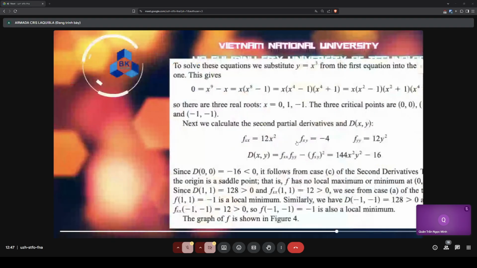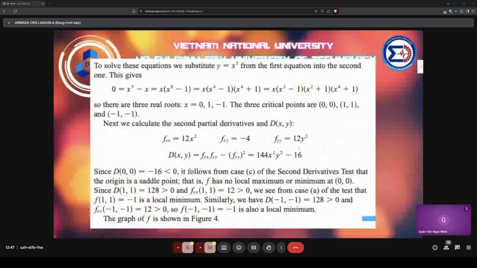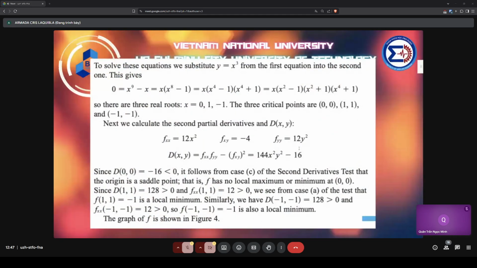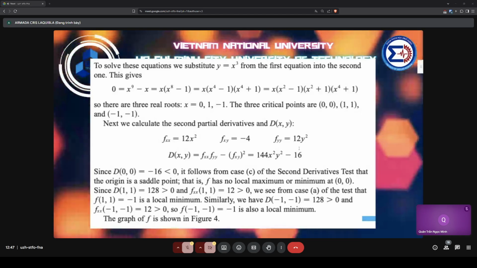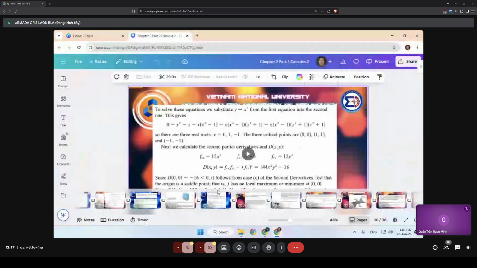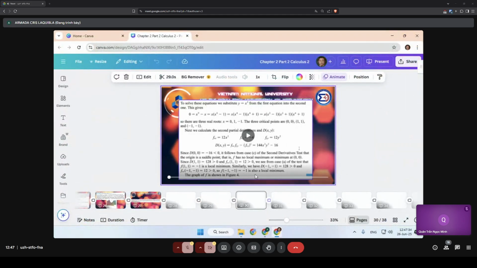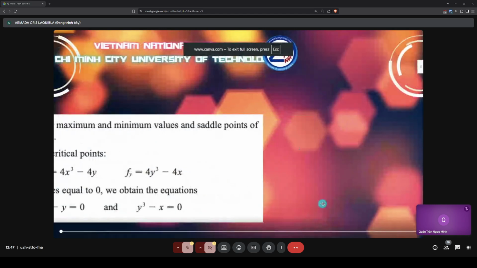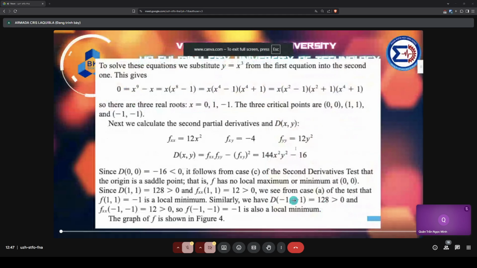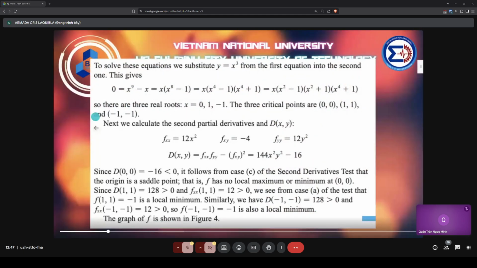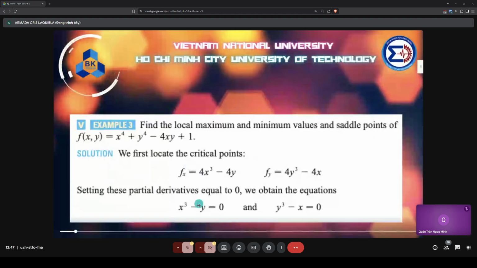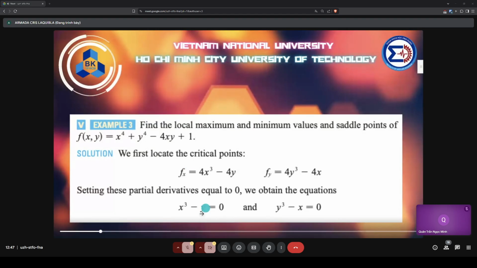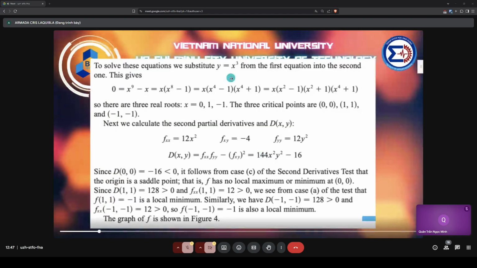Next, we have to solve these equations. We substitute y is equal to x cubed from the first equation into the second one. So you go back here. Your y is equal to x cubed. No, not that.